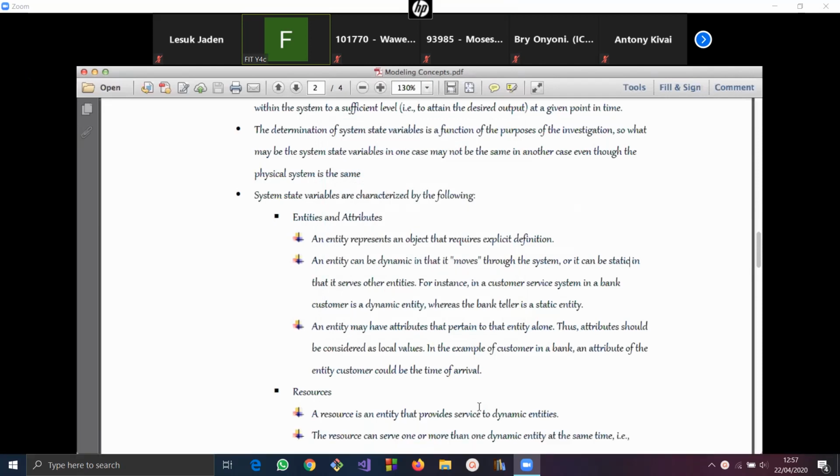There can also be no change of state, and this non-change of state we call static. An example: at one point the teller will be there to serve. But a customer at one point is in an idle state, seated, waiting to be served. At another point, he or she is being served.